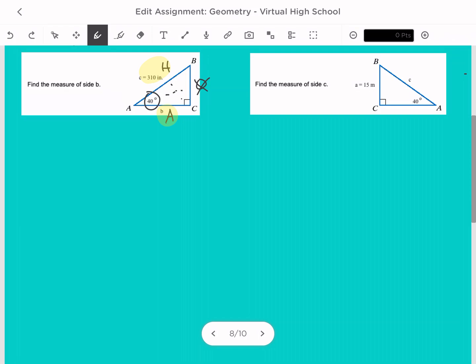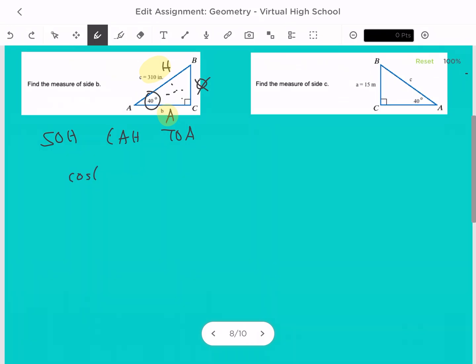So adjacent and hypotenuse, so by SOHCAHTOA, that tells me that I'm going to do cosine. So the cosine of 40 degrees is equal to the adjacent side, which is b, divided by the hypotenuse, which is 310. So I'm going to multiply both sides by 310. So 310 times the cosine of 40 is equal to b.